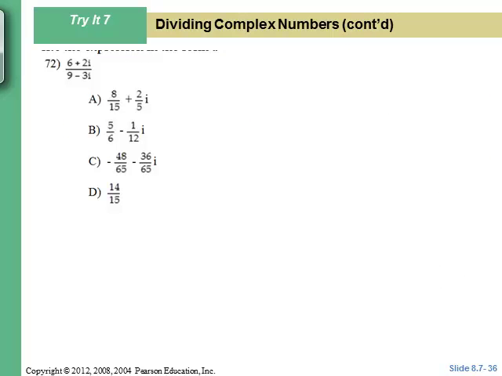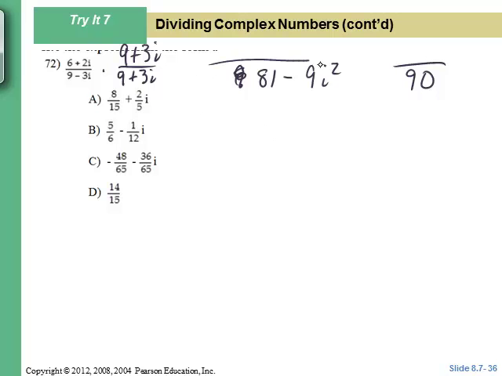Okay, how about this one? Multiply top and bottom by 9 plus 3i, and you get 81 minus 9i squared, which is the same as plus 9, makes that 90. 9 times 6 is 54.